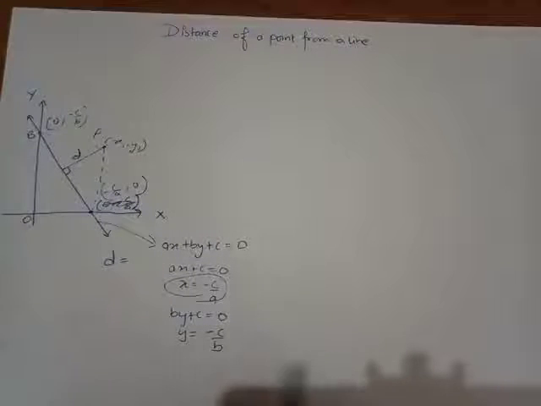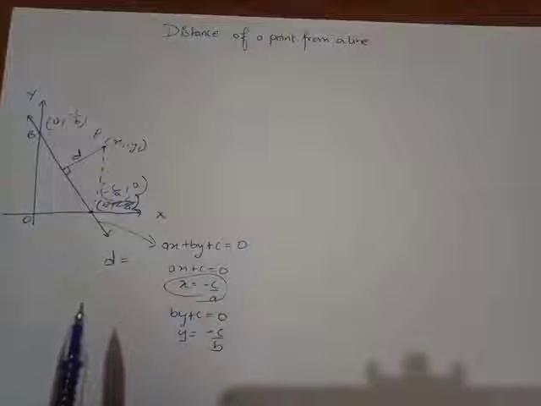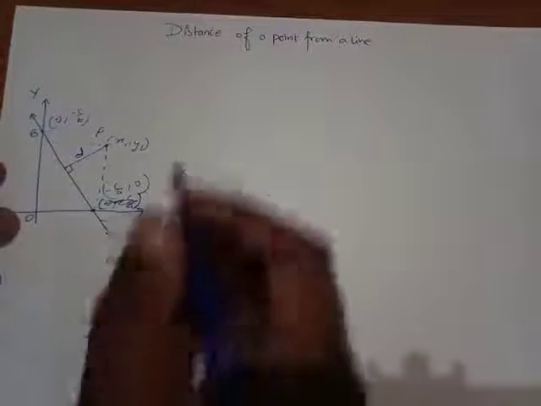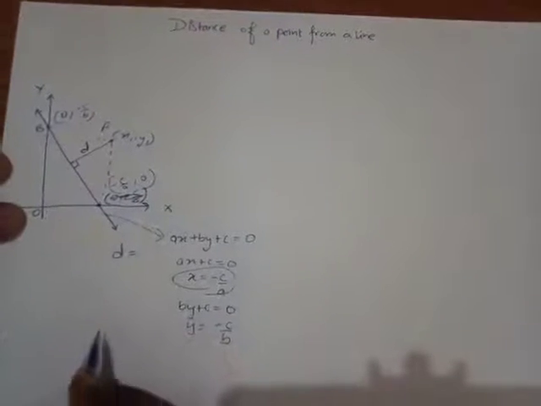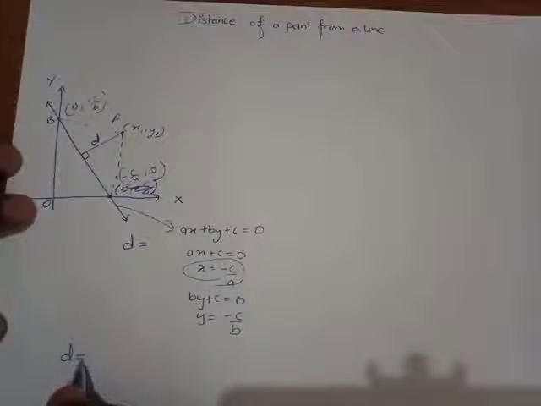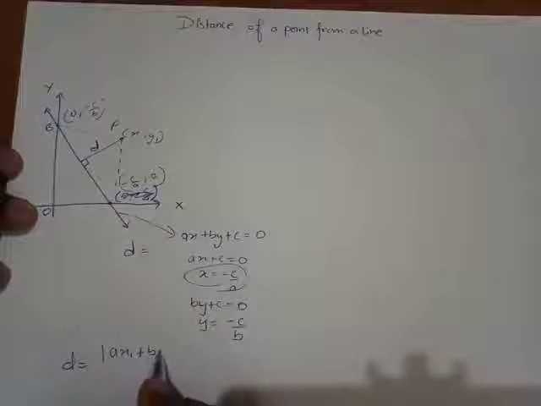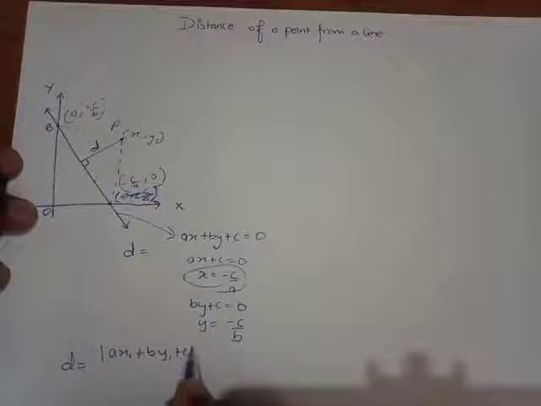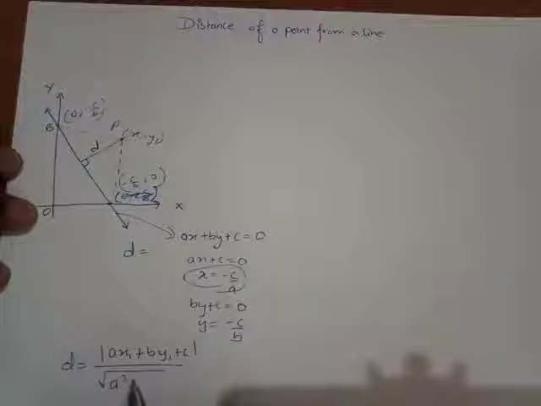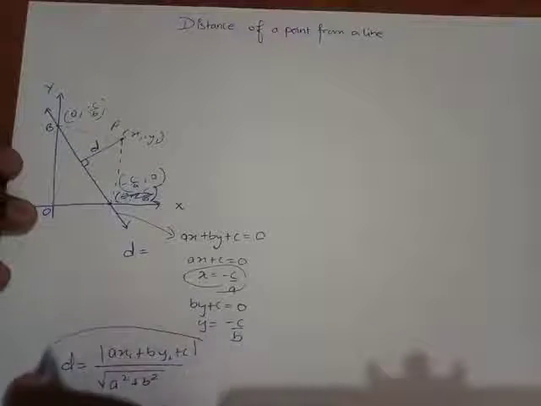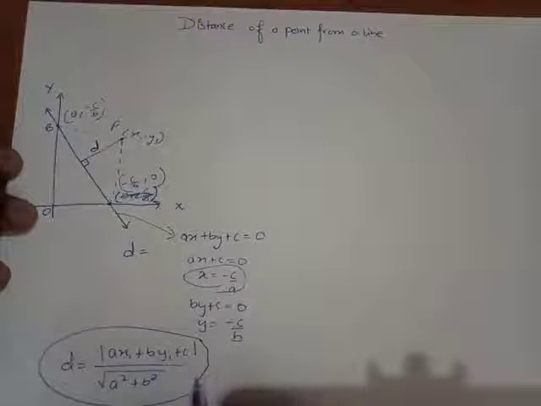If you don't like how the formula is derived, you can just go with this formula: D is equal to the absolute value of a x1 plus b y1 plus c, divided by the square root of a squared plus b squared. You can go ahead with this formula and try solving all the questions. I'll be solving questions in this video as well.